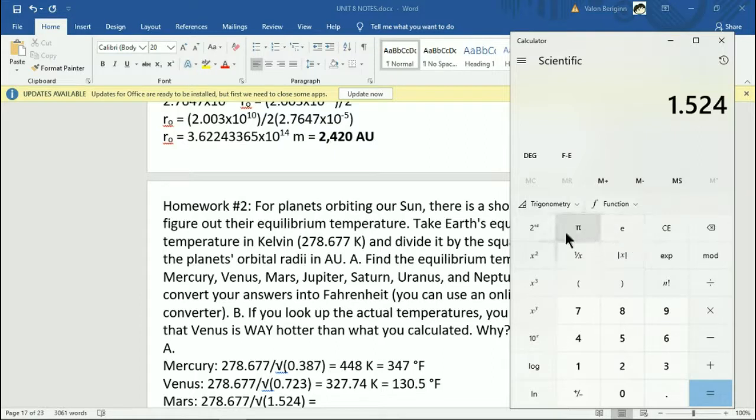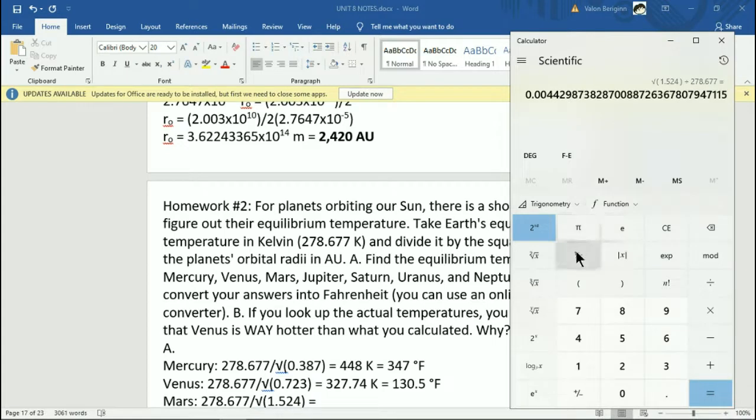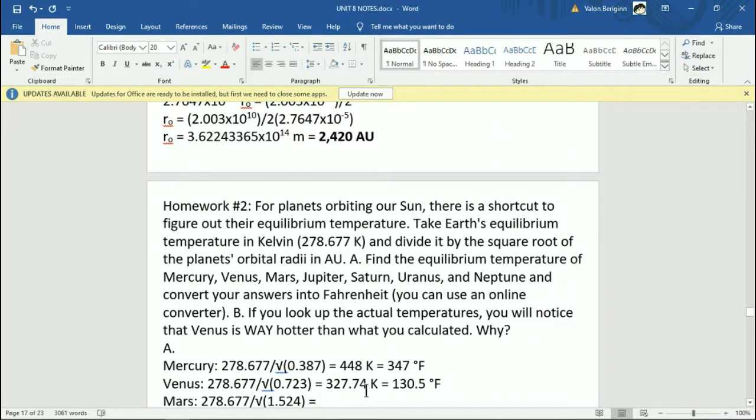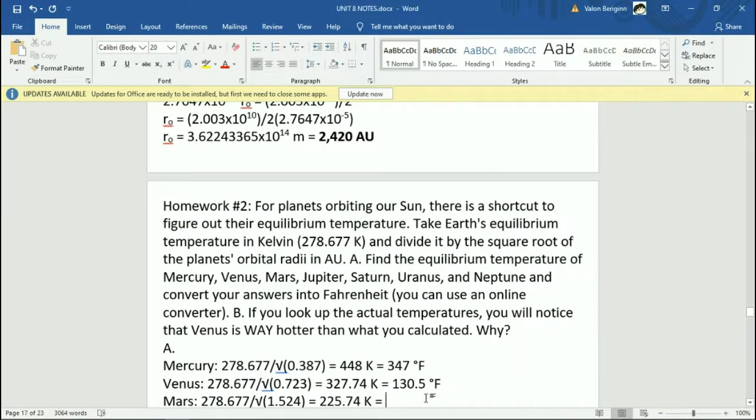Square root it. I hate how the equals shifts to that. And then flip it over. 225.74. Negative 53 Fahrenheit.